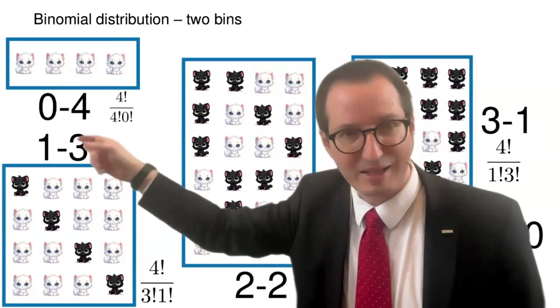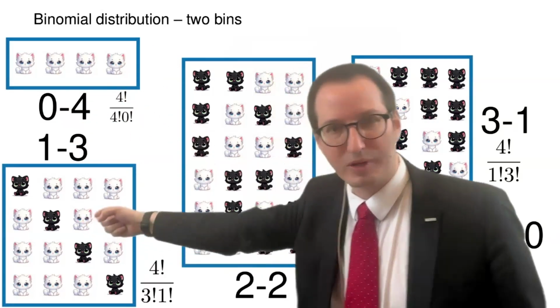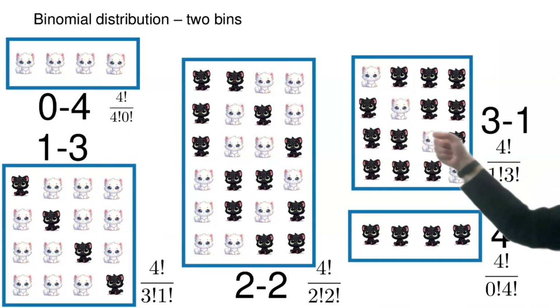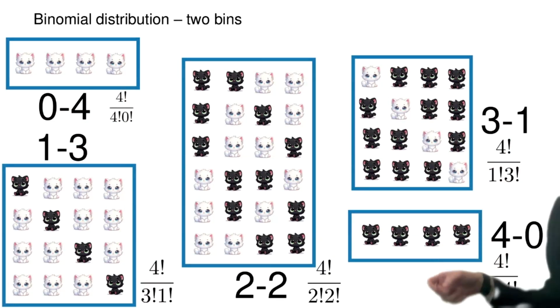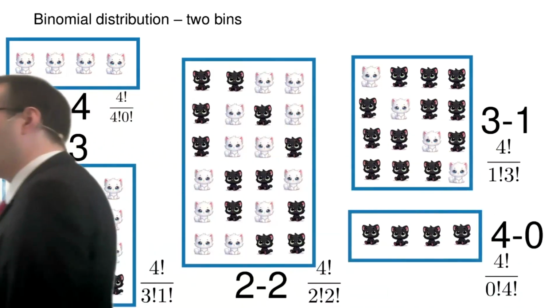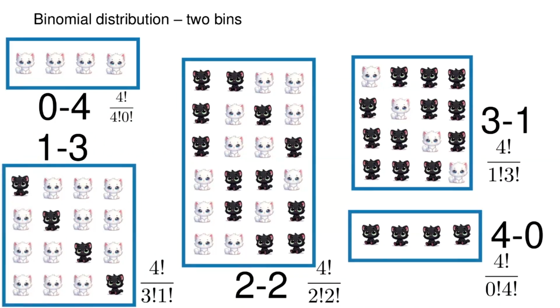N is the number of cats, and k equals 0, k equals 1, k equals 2, k equals 3, k equals 4. And it also corresponds to when you have mathematically (a plus b) to the power of n, that basically gives you the coefficients also, right? For example, here, that would be 1, 4, 6, 4, 1.